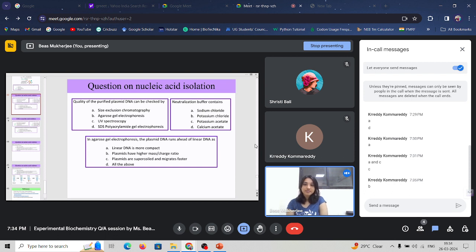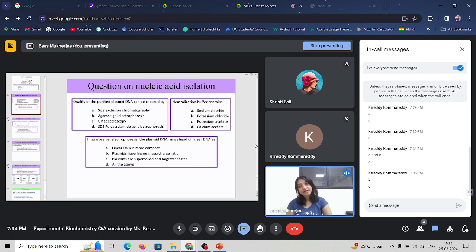No, plasmids have higher mass or charge ratio. That is wrong, because plasmid is supercoiled and migrates faster. So plasmid is not going to have a higher mass or charge ratio compared to genomic DNA. So you're answering for neutralization buffer, so that is C, correct.